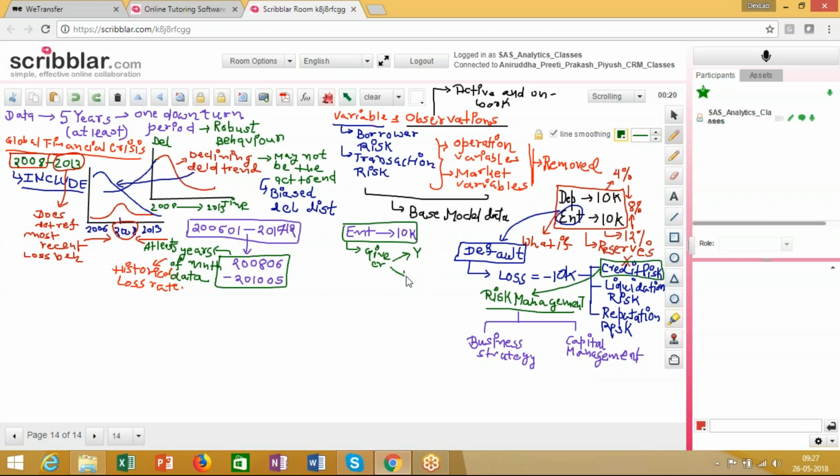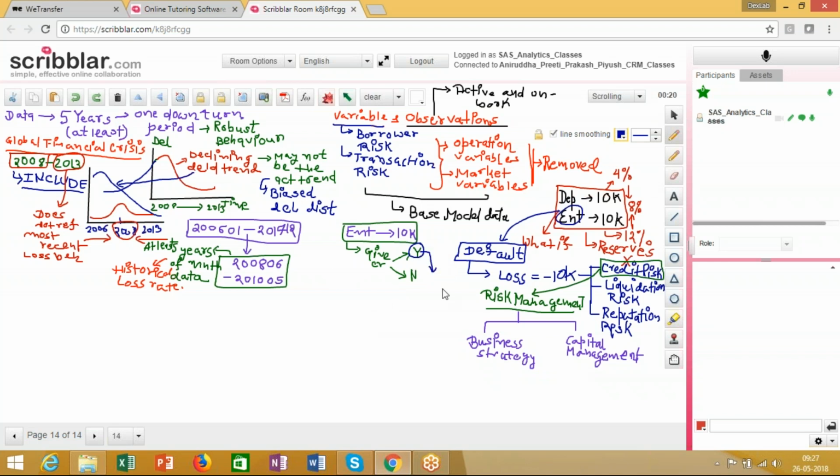This is a part where the bank is deploying its risk management strategy. Now suppose the bank gives him the loan. Say it's a yes. So he gets the loan.